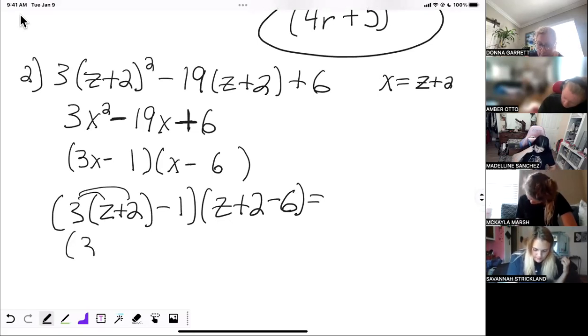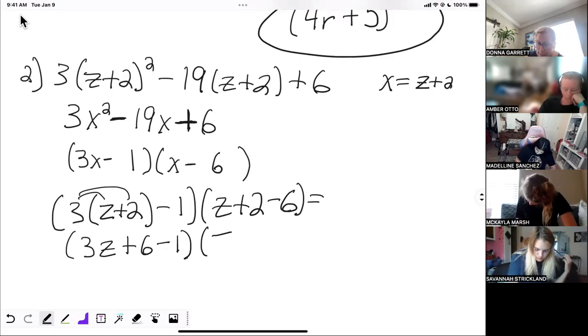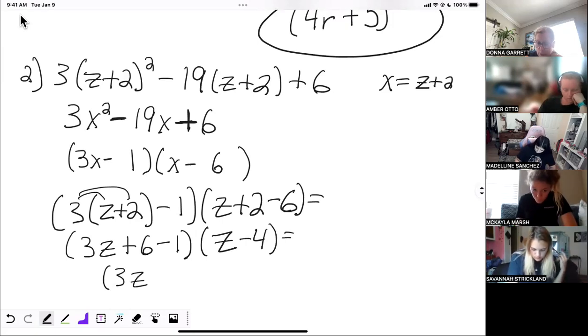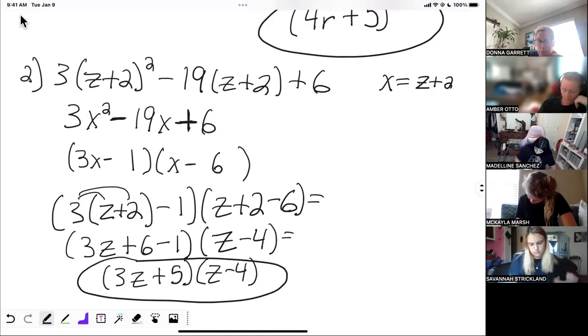So we have 3z plus 6 minus 1. Our second parentheses, we can just add 2 and negative 6, which is negative 4. And lastly, I can fix my first parentheses. 6 minus 1 is 5. And I have my factoring without having to factor that mess.